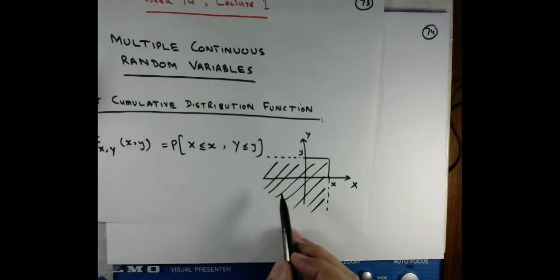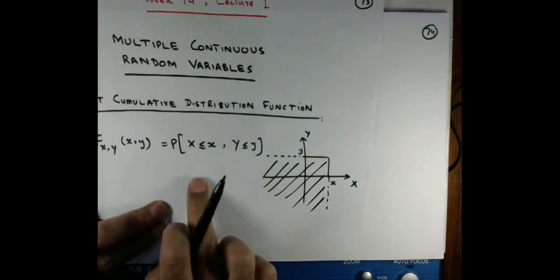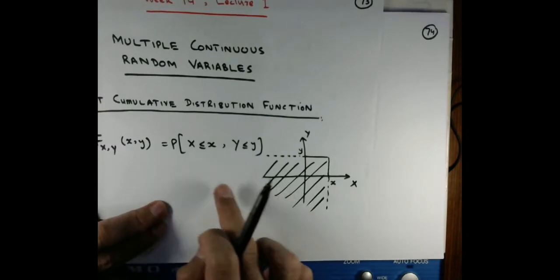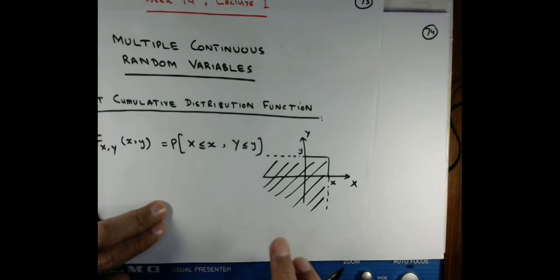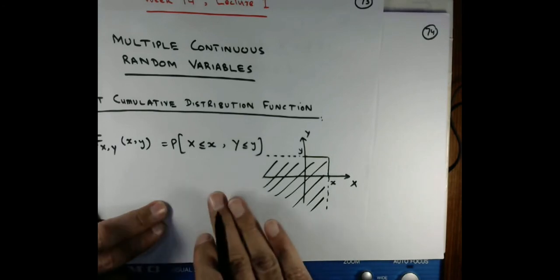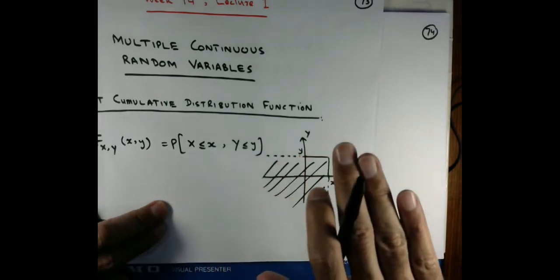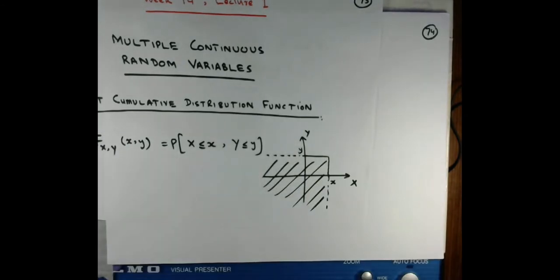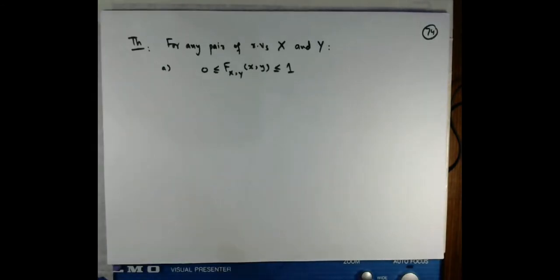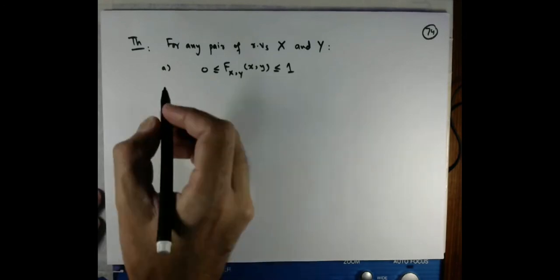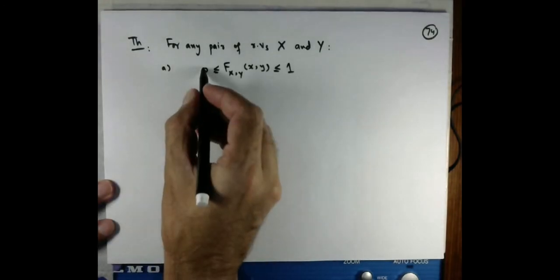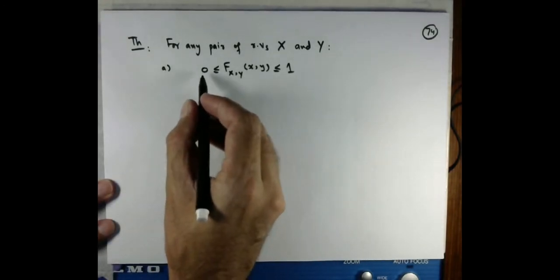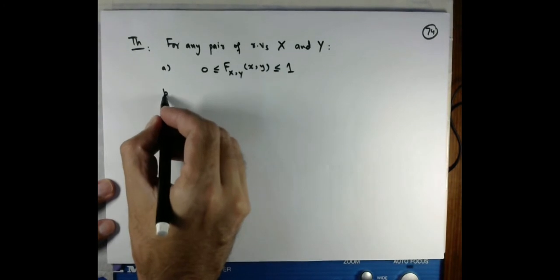If you see this, you move from minus infinity at x and from minus infinity at y, and you keep on increasing the height. Ultimately you reach the point where the total CDF becomes 1. So obviously the range of the CDF is from 0 till 1.